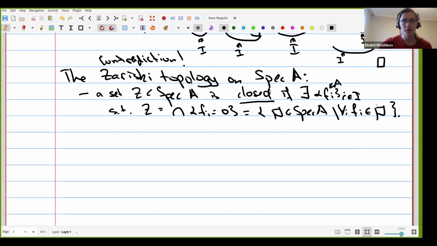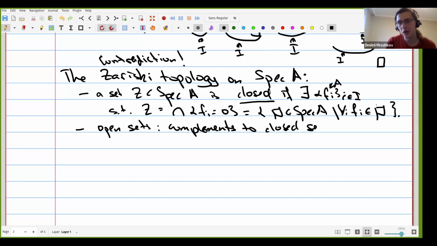And this defines closed sets, and you define, as usual, open sets as complements to closed sets. And it is an exercise to check that this defines a topology.